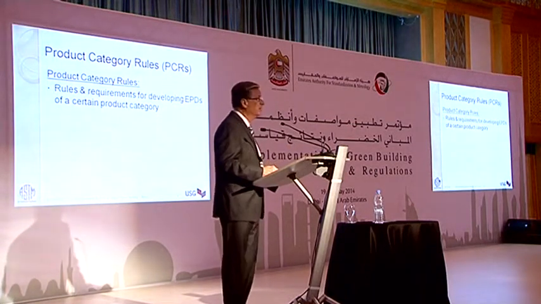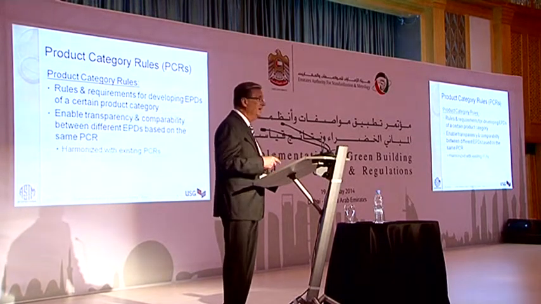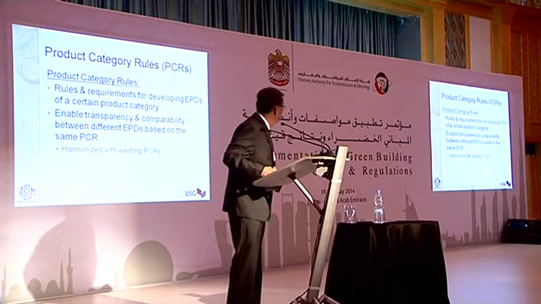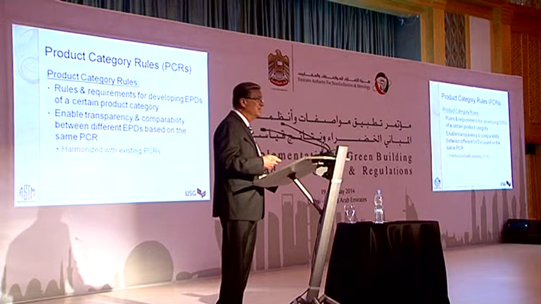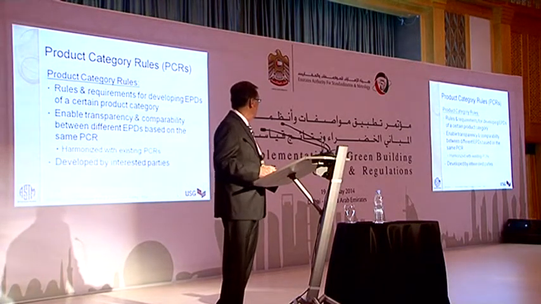These are the rules and requirements for developing EPDs of a certain product category, and they enable transparency and comparability between different EPDs on various products based on the same PCR. And the product category rules can then be harmonized for other products.